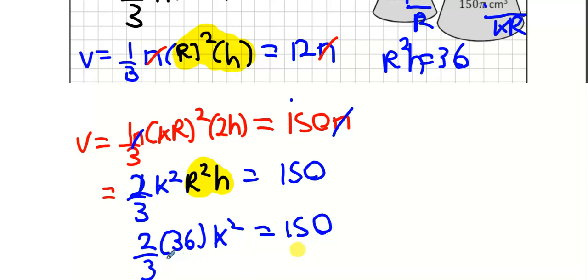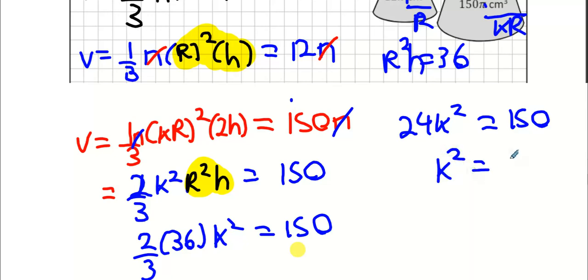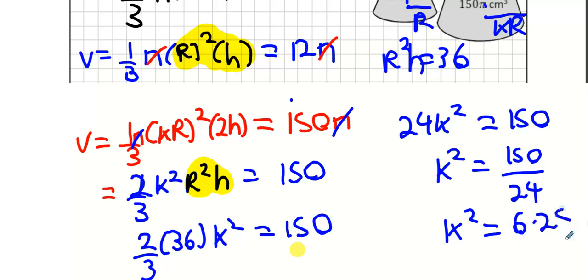And then 2/3 of 36 is actually 24. 24 k squared equals 150. And then k, what's 150 divided by 24? 6.25. Square root that to get 2.5. The k value is 2.5.